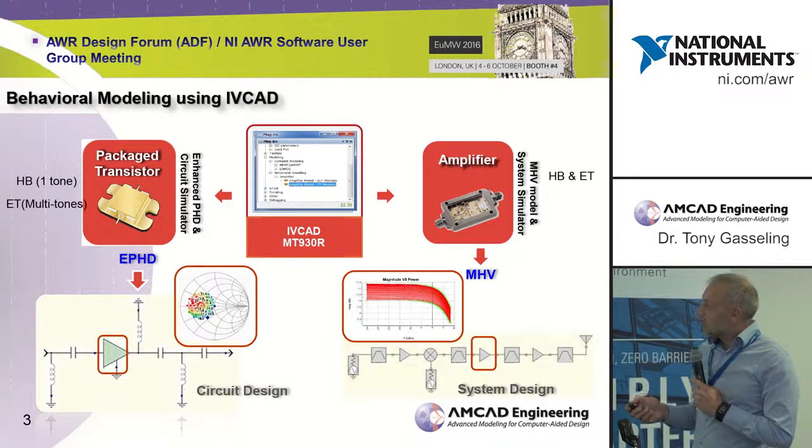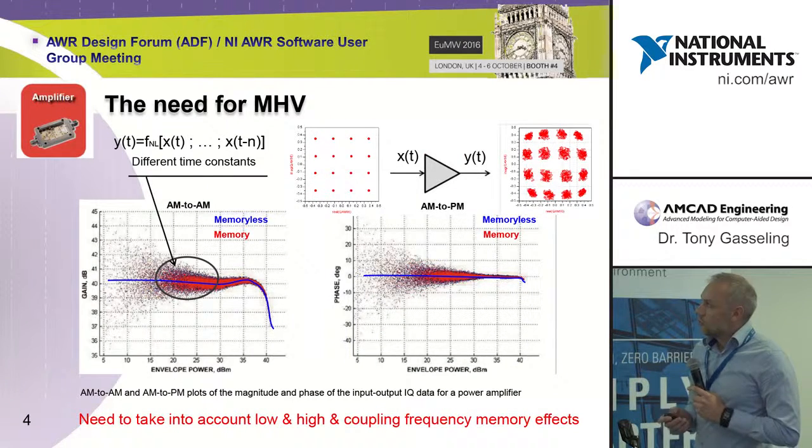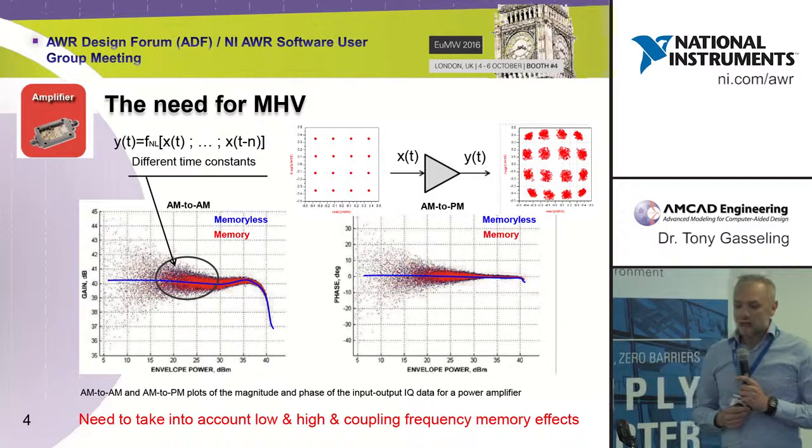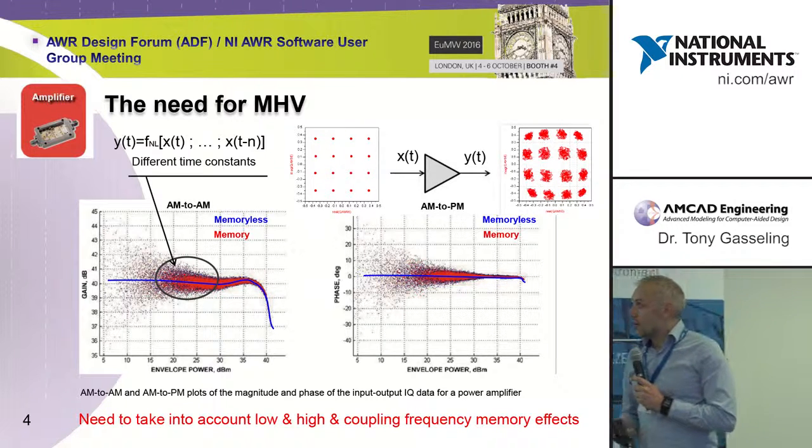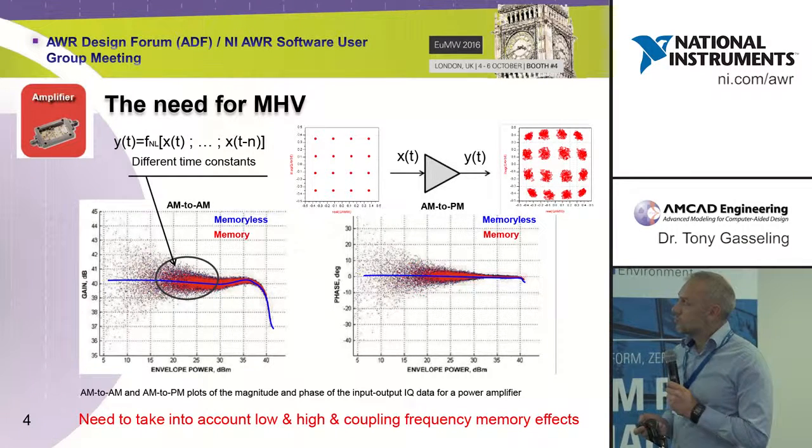So in order to extract the behavioral model of an amplifier, we will test this circuit versus different frequency, versus different power level, and so on. And the wish is to extract a model which is accurate over all these measurement conditions. Unfortunately, when we are dealing with a nonlinear device, there are some parasitic effects that take place in the circuit, such as memory effect.